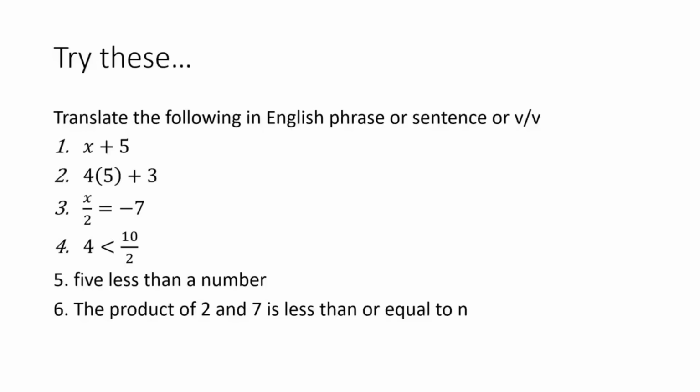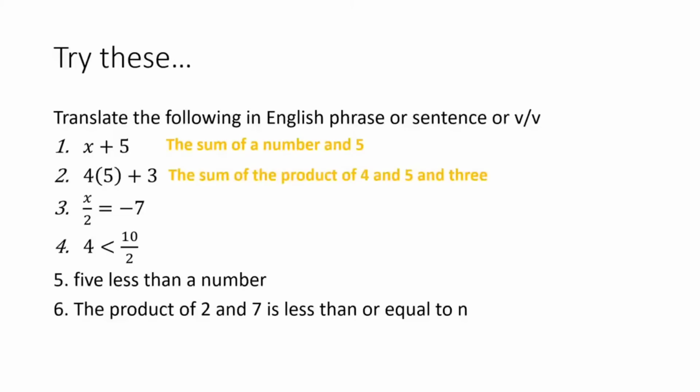Now try the following. Let's try to translate the following English phrases to sentences or vice versa. For number 1, x plus 5, we can read that as the sum of a number and 5, or 5 added to x, and so on.